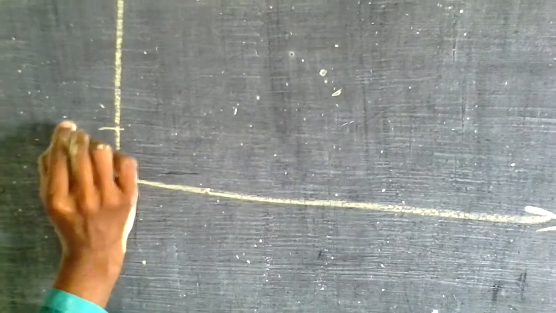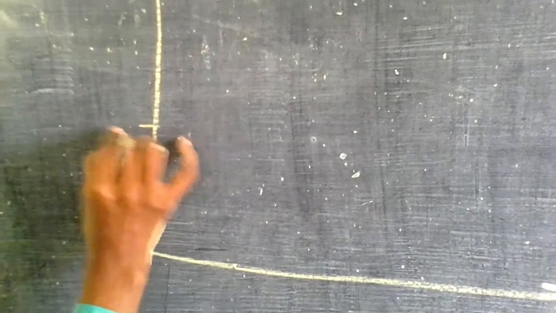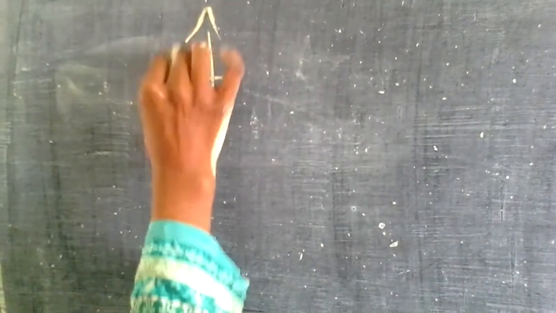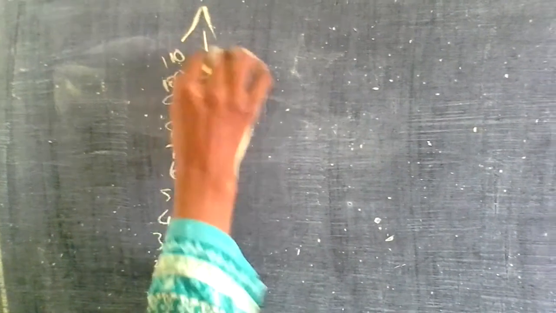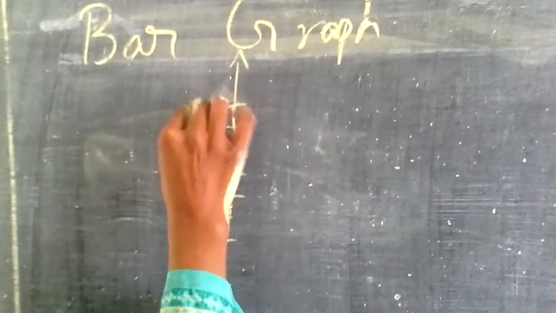So I will draw like this: 10, 20, 30, 40, 50, 60, 70, 80, 90, 100, 110. Still I have to extend somewhat, but still 120 it is coming. 120, 130.